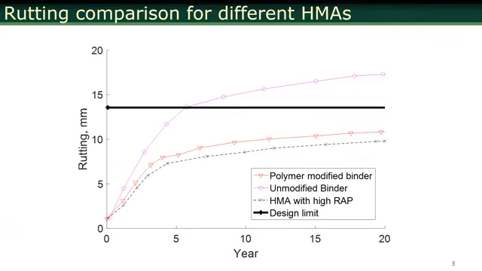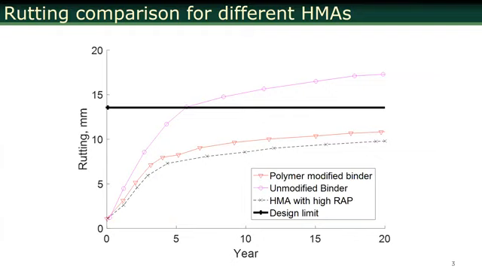Now, this is one of the things that you can do. For example, you can look at the effect of a polymer modified binder on rutting predictions. What you are looking at here is a design limit. One example with an unmodified binder, this is how the rutting would progress, and this is the design limit. And when you use a polymer modified binder, you see this kind of improvement.